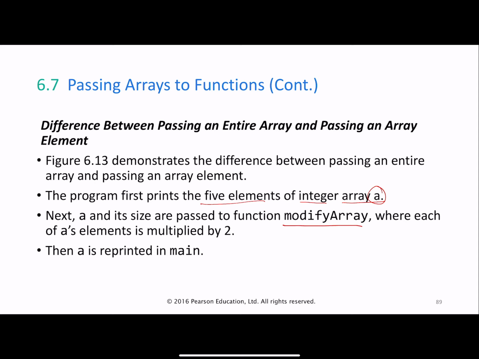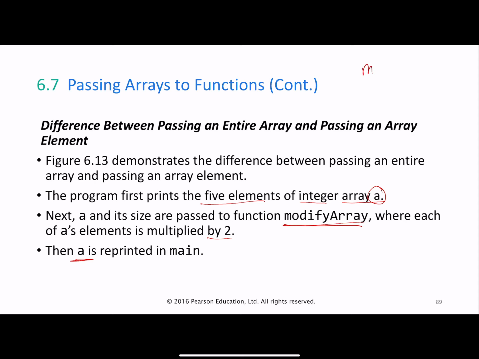And that function will multiply each element of that array by 2. And then when we come back to the main function, we print the values of all elements of a, and you'll see they will have doubled since before calling modify array. And that will show that when we pass an array by reference, changes made by the called function are reflected back in the calling function, in the main function in this case.